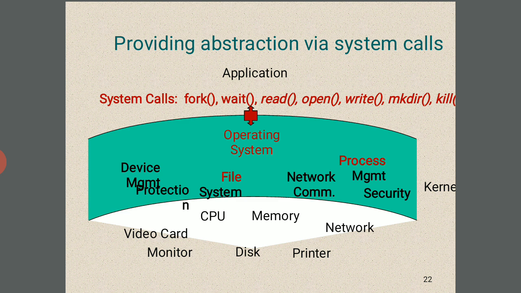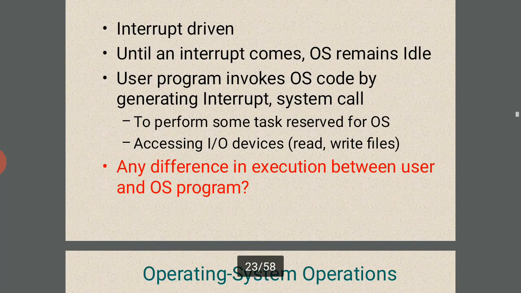These are the different types of work system calls can do. The operating system handles device management, file system, network communication and process management, covering the CPU, memory, network, video card, disk and printer.